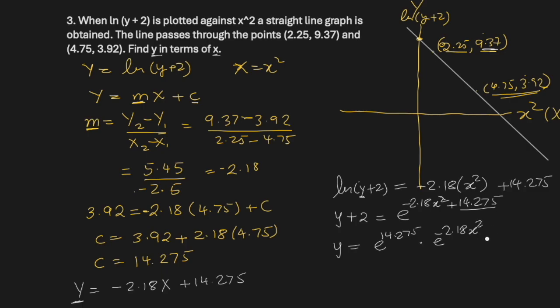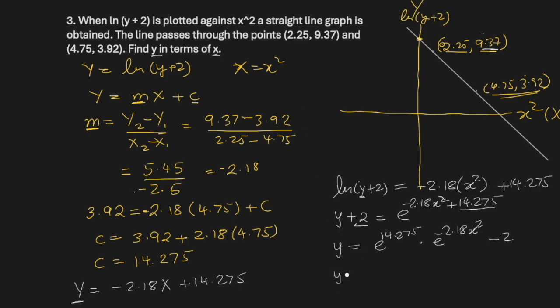And then we got this 2, which will be minus 2. So let me see what is e to the power 14.275. Okay, it comes out to be, oh, a big number, 1583.